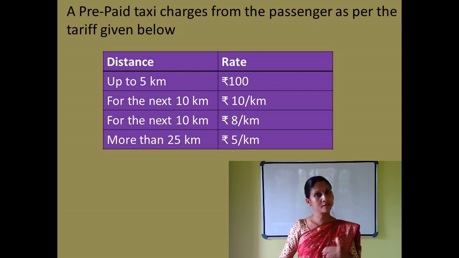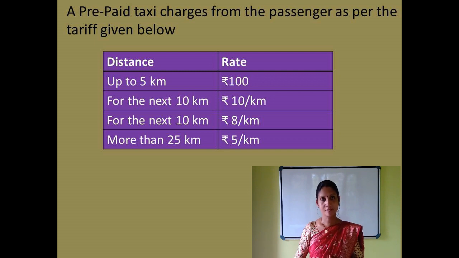First 5 km we know 100 rupees, plus the remaining kilometers. We know total kilometer minus first interval. What is the first interval? 5. That means 7 minus 5 you will get 2. Then 2 into 10. In that way we can continue this calculation. According to that table we will find out the amount.